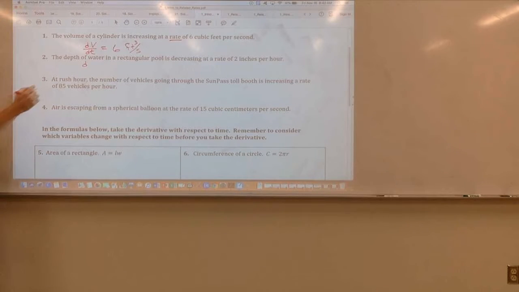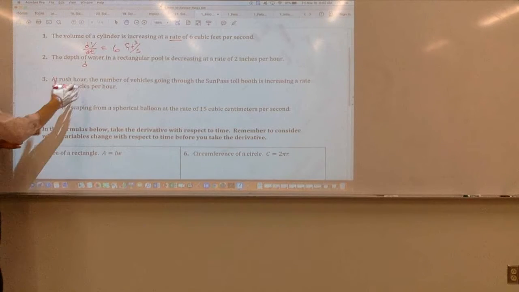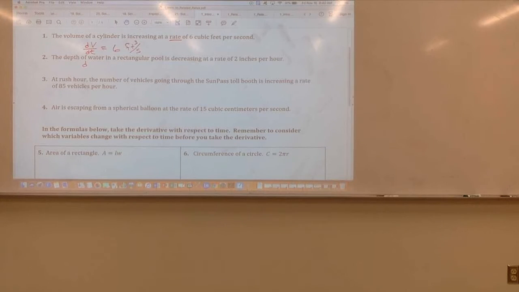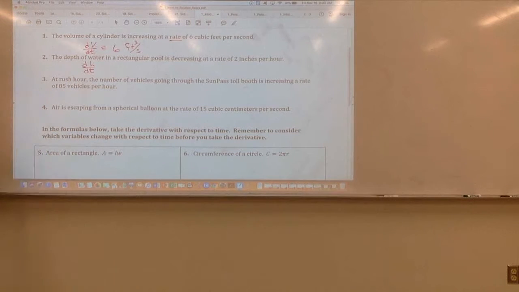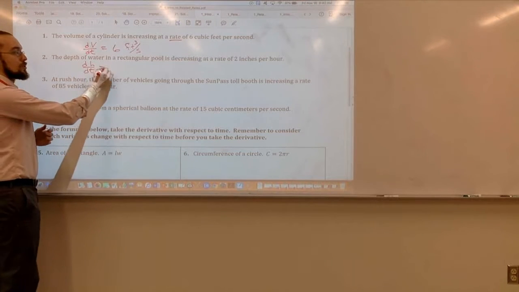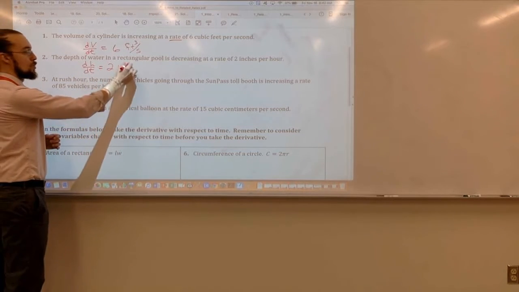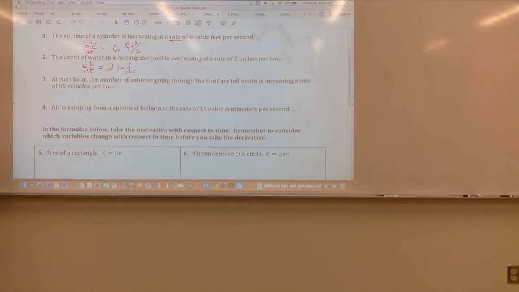You could write dD over dt for the change in depth, but personally, I think it makes more sense to write the change in height with respect to time in this case. It wouldn't be wrong if we wrote dD over dt. We're defining these variables ourselves. We're saying that this is the change in the height with respect to time, and this is equal to 2 inches per hour.